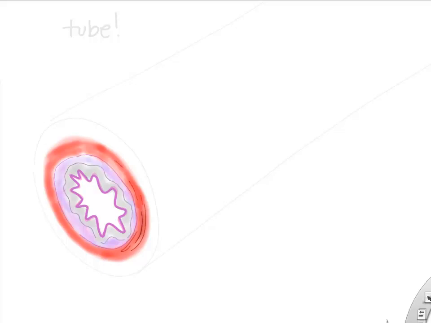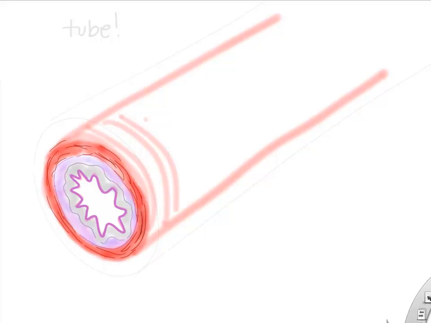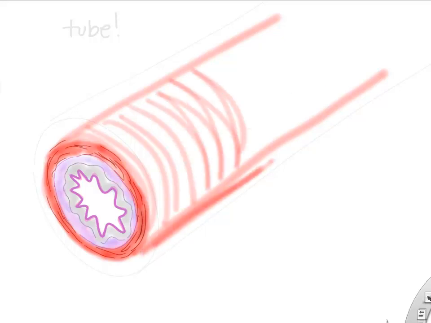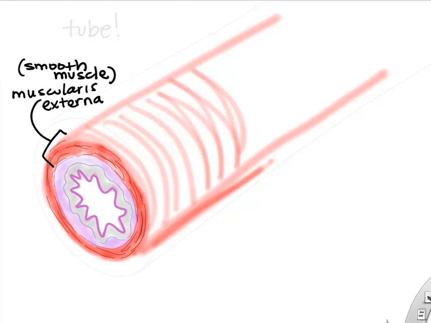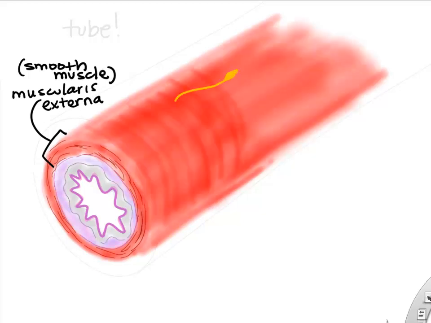Most of the time in our digestive tract it's smooth muscle, and this is called the muscularis externa. So these circular rings of smooth muscle are going to help contract and move stuff along our digestive tract, and also mix food as well. So again, most of the time it's smooth muscle, and we call that the muscularis externa.